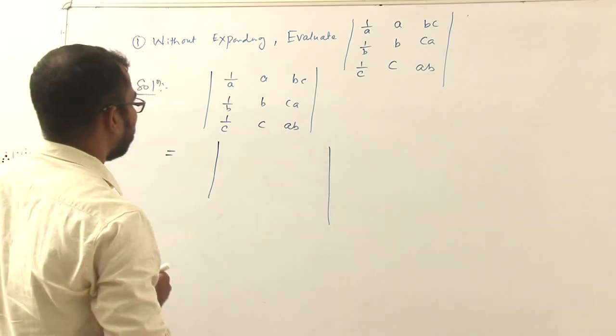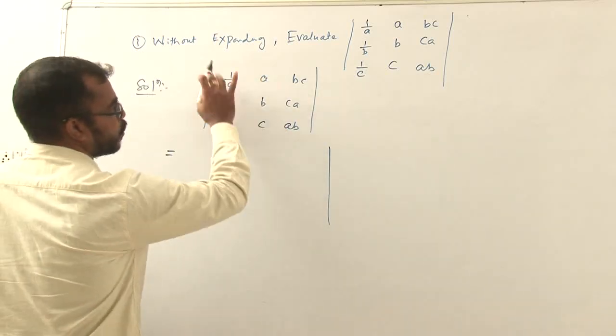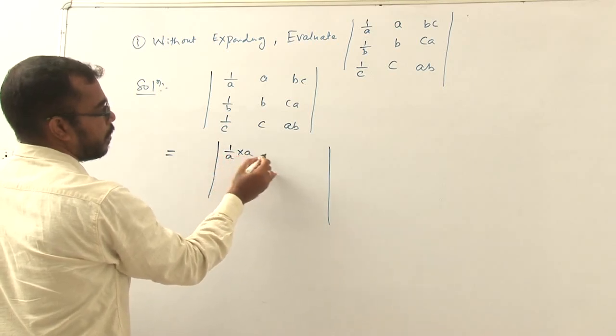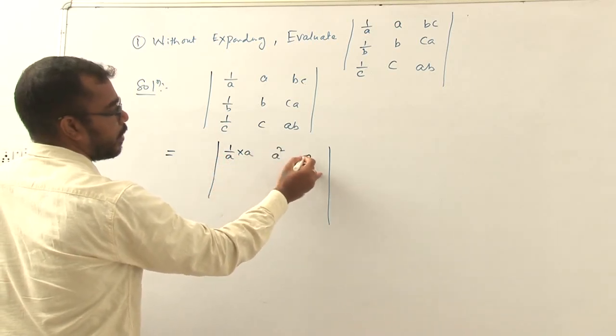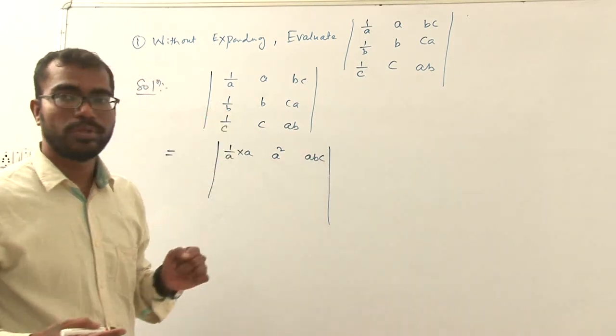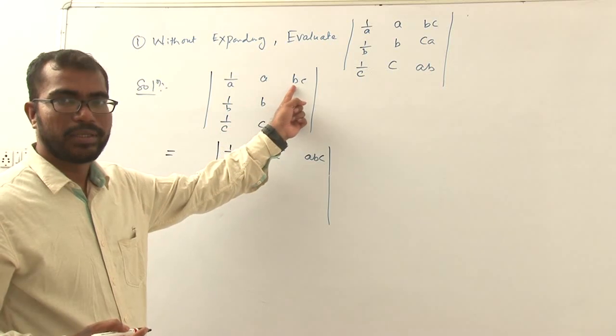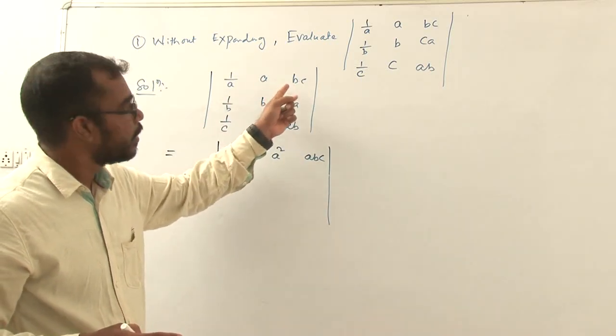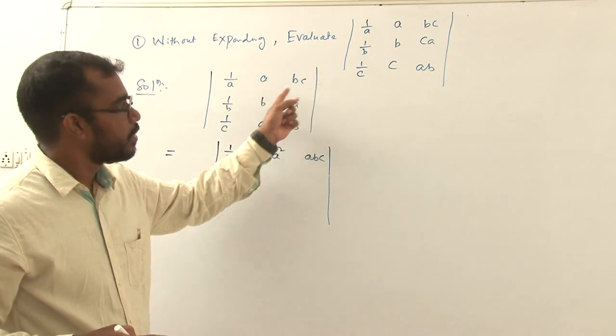So in the first row we multiply A. Here A square, and that is ABC. Why multiply A in the first row? Because A is missing. As we multiply A in the first row, the value here is ABC.